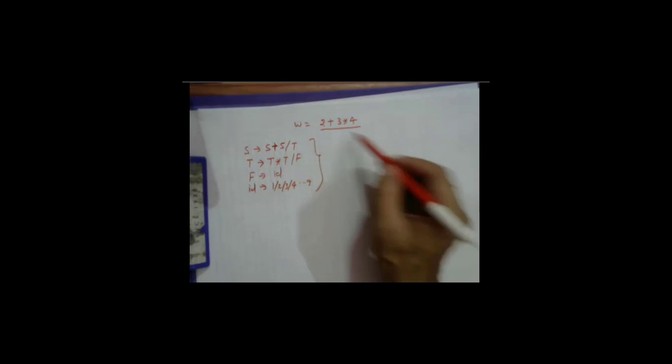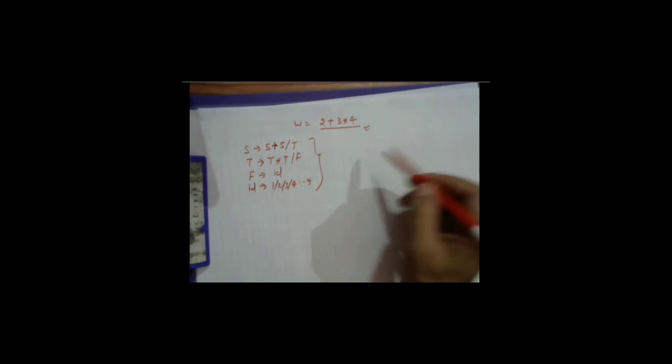For the derivation tree for this w, we start from S, the starting symbol of the grammar.